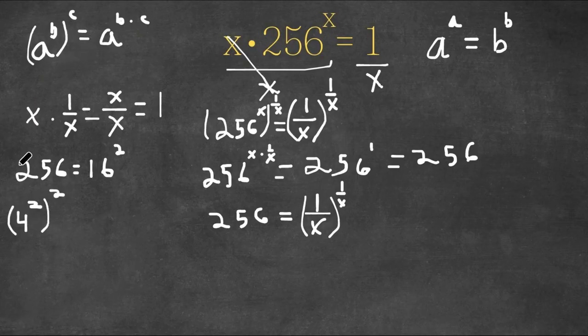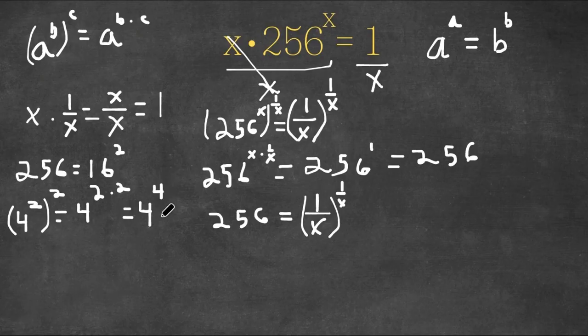Now remember this property, if we have a to the power of b to the power of c, this is equal to a to the power of b times c. Well, 4 to the power of 2 to the power of 2, this would equal 4 to the power of 2 times 2. And 2 times 2 is 4, so this would be 4 to the power of 4.